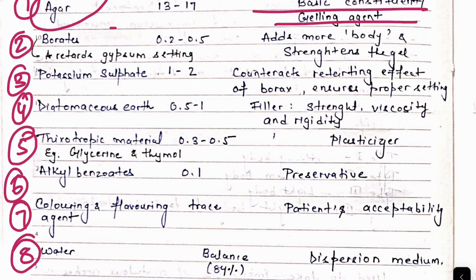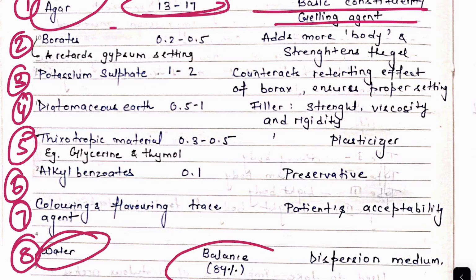But you would notice that it is only 13 to 17%. So there is something else that is forming the bulk of the entire gel. That is water. Water is 84%, and this is the dispersion medium. So these are the two major constituents.